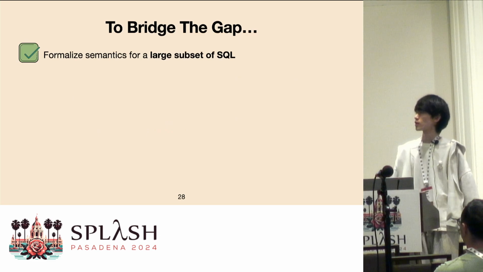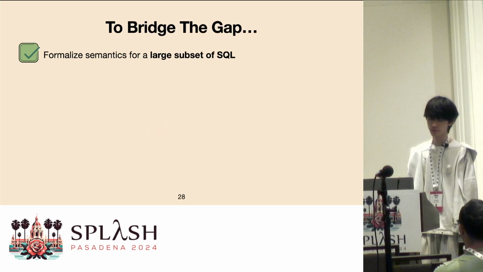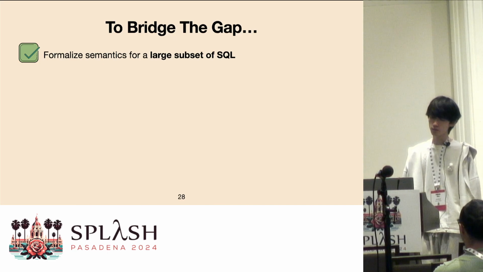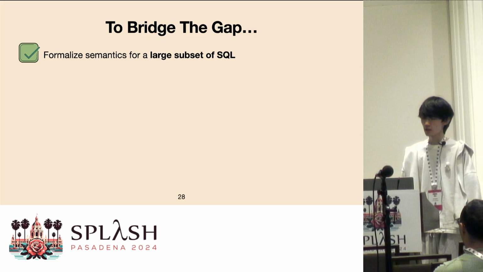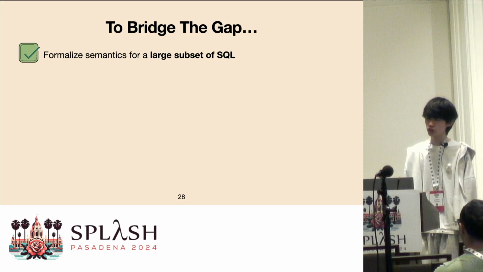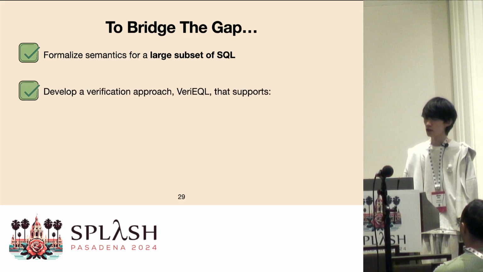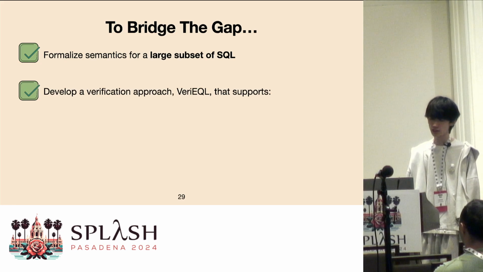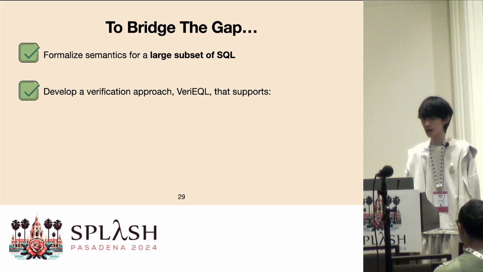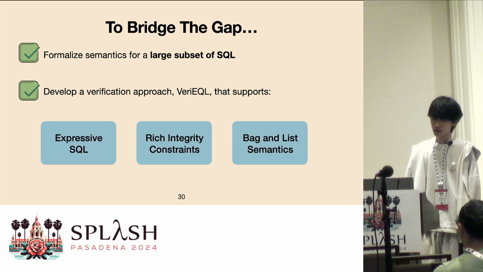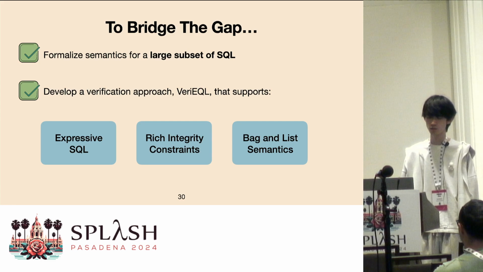So we want to address these challenges. To bridge the gap, firstly, we formalize the semantics for a large subset of SQL, reflecting the rich features used in real-world queries. Building upon this foundation, we develop a verification approach, VeriEQL, that meets 3 key criteria. It supports an expressive SQL syntax to handle complex SQL queries.